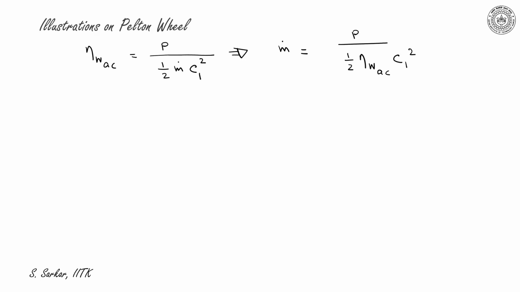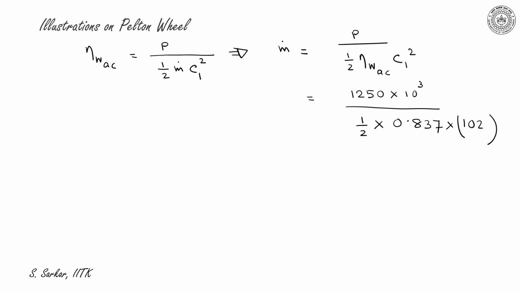So that is, power is given as 1250 kilowatt. So you multiply it by 10 to the power 3 divided by half eta W actual, which I have evaluated as 0.837, and C1 is 102, so that is square.